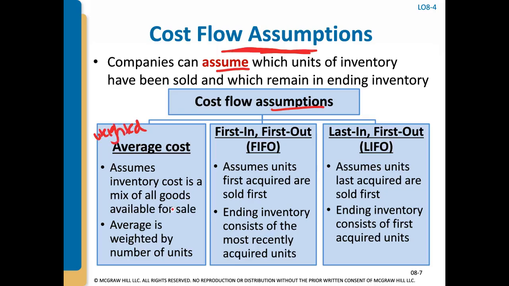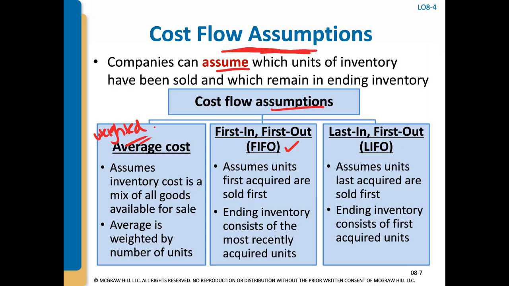The first one is the weighted average cost, which takes an average cost of all the units that have been purchased to date. FIFO, first in, first out, assumes that the units that you first acquire are the first ones to be sold and allocated to the cost of goods sold, which means that your inventory usually consists of the items you most recently purchased, usually, not always.